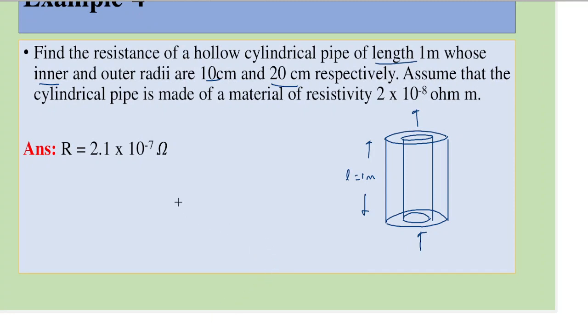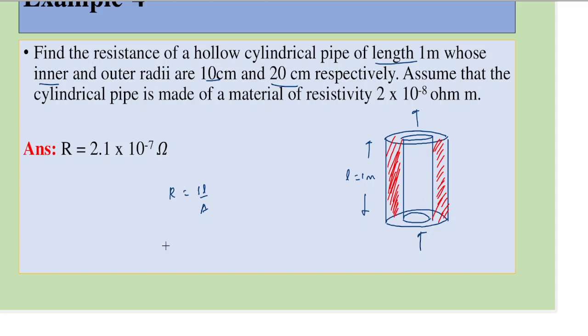So resistance is given by R, which is given mathematically as rho L by A. So here you should keep in mind that this is the area where electrons will flow. This is a conducting part. So we need to find only this area.